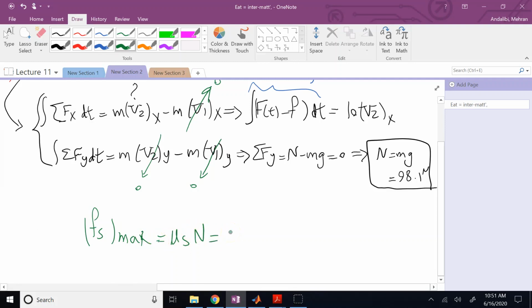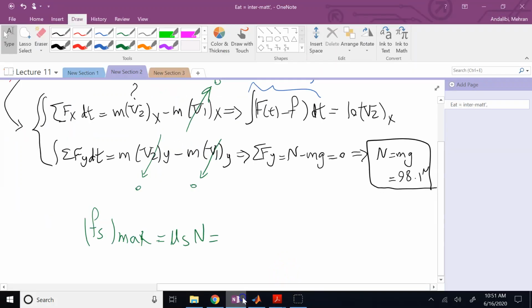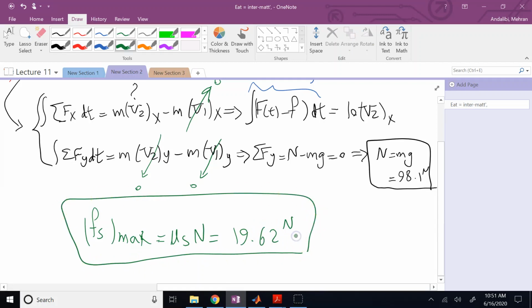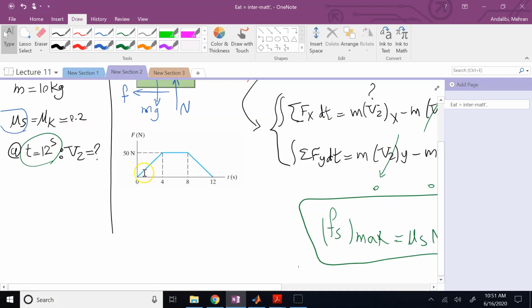If I multiply that number by 0.2, until 19.62 Newton, the surface can withstand and stops the motion. Now, in this graph, at what time point do I pass that 19.62? Well, I have to find that time point, right? Because this increases from 0 to 50.